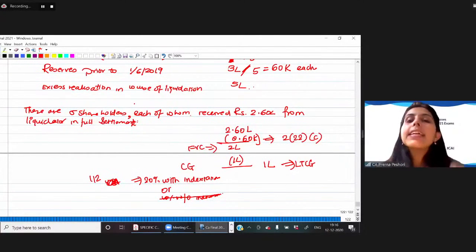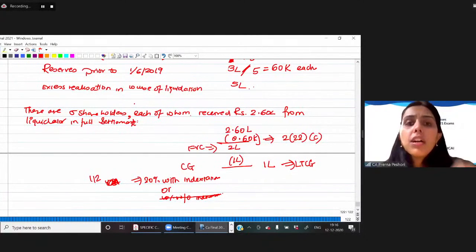So there is a decision of Rajasthan High Court wherein they have said that exemption of 54EC is available only when there is an actual transfer of capital assets and not in the case of deemed capital gain.